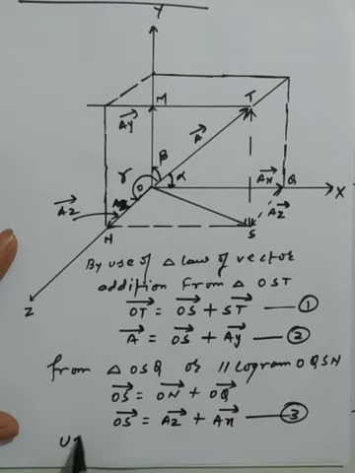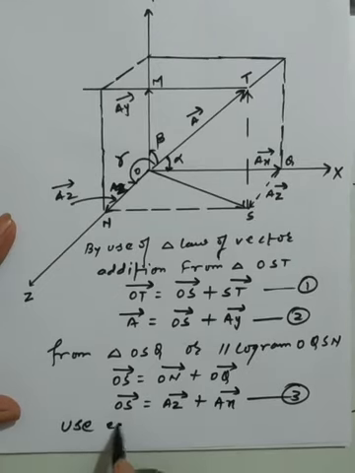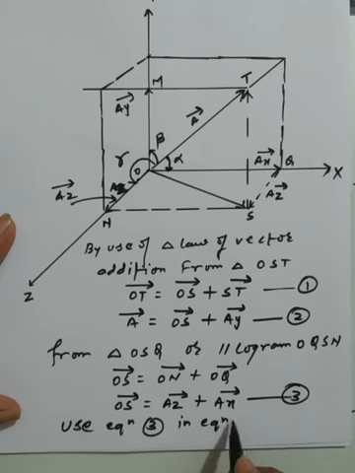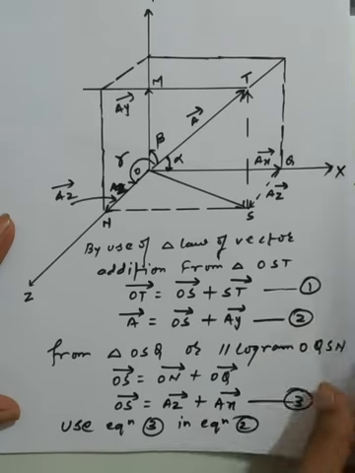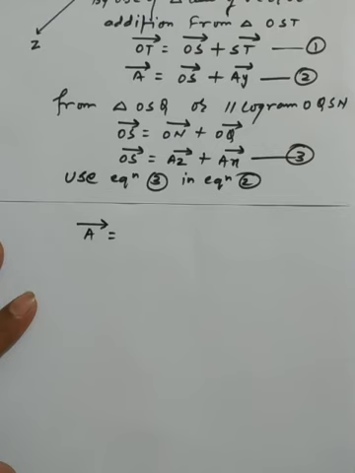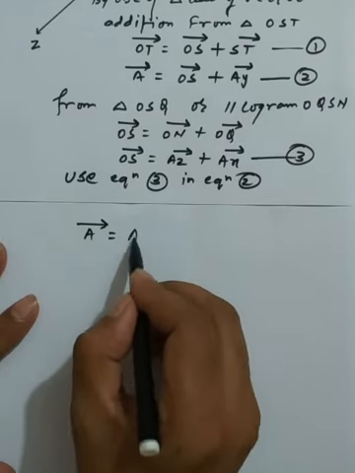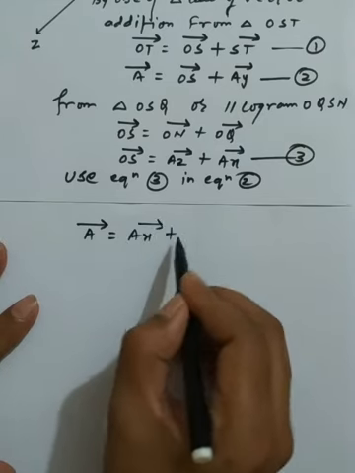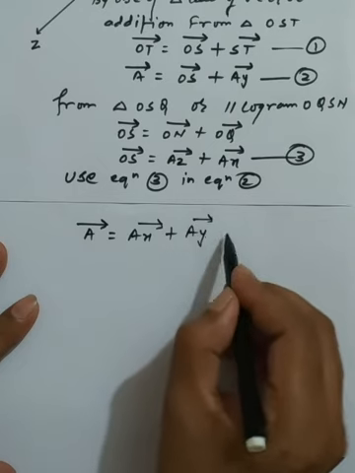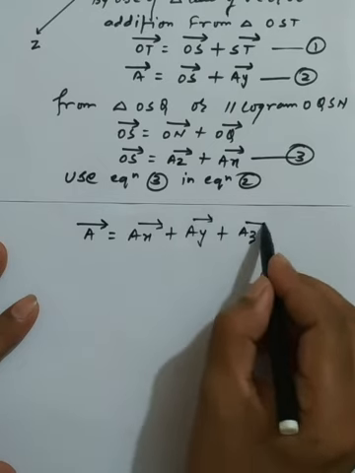Now use equation 3 in equation number 2. So what are we getting? Now I am arranging all the vectors in a similar order, that is AX vector plus AY vector plus AZ vector.